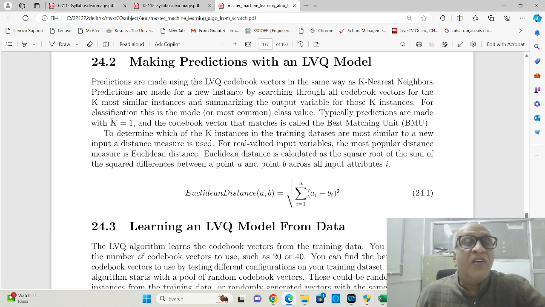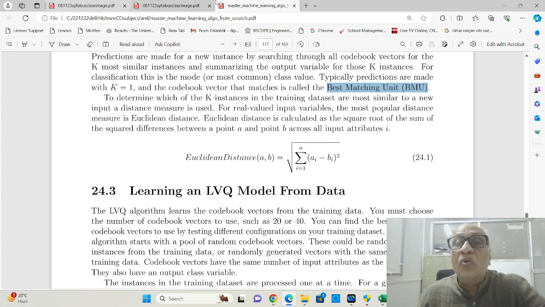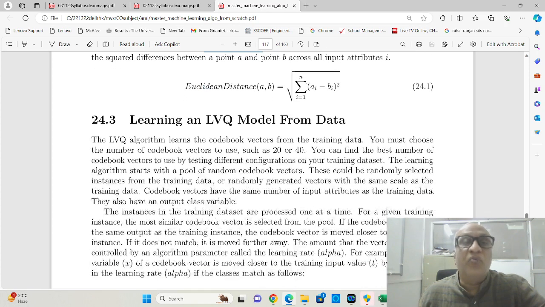Predictions are made usually with k value kept as 1, and the codebook vector that matches is called the BMU. BMU is the short form for best matching unit. To identify similar instances of the training data set to the new instance, we'll be using the Euclidean distance measure. We know the formula for Euclidean distance measure also.